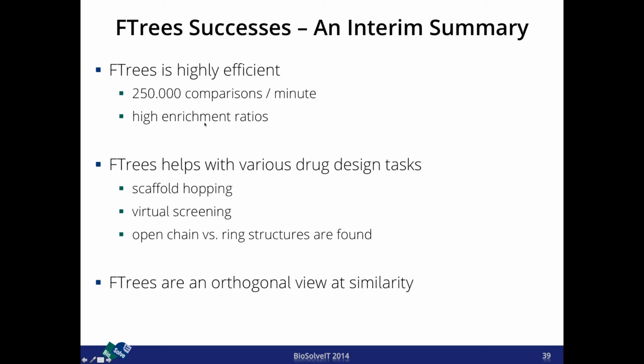Typically, that's what we have seen over all those years that we have experience with those. And feature trees do help with various drug design tasks in ligand-based drug design, scaffold hopping, virtual screening. And as you've seen before, they do, for example, have a strength in matching open chains versus ring structures, something which is usually very hard for other 2D or 0D descriptors. They are an orthogonal view at similarity.